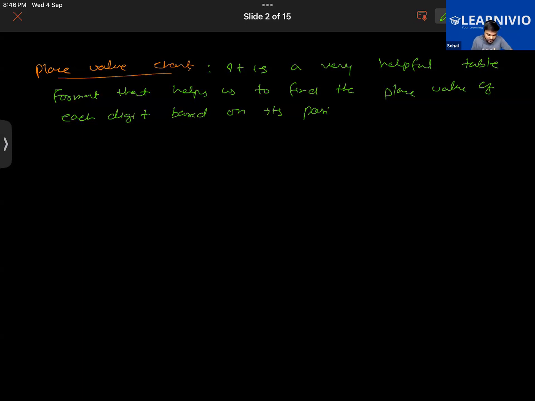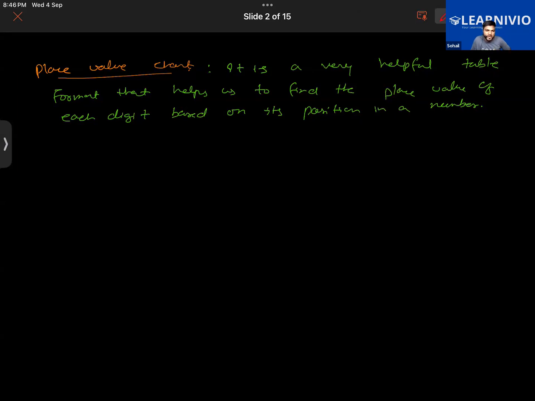So I define the place value chart as a very helpful table format that helps us to find the place value of each digit based on its position in a number, like where it lies in a given number. The chart would give the position name, so it will be easier to know.